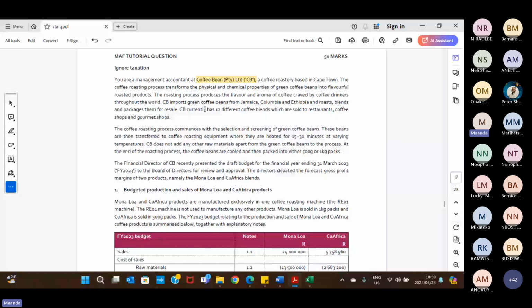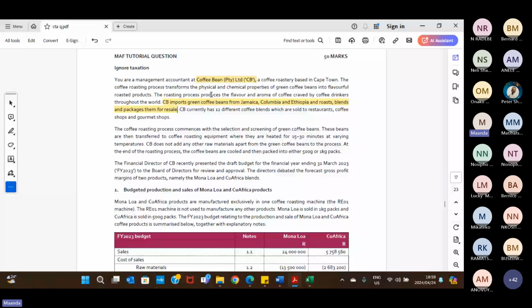So we know that we are importing here, and you know the impact that is going to come as a result of importing. And then we package them for resale. CB has 12 different coffee blends, which are sold to restaurants, coffee shops and garment shops. So they give us the background information so that we can understand the context.